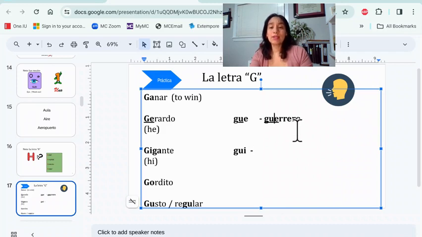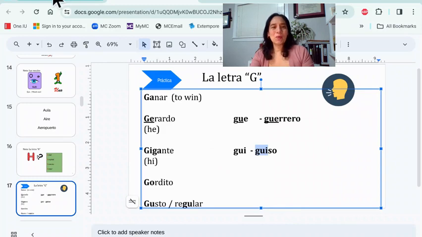So the U is silent. It's here just to help you to get the correct sound. Okay? And now for GUI, for example, it occurs to me the word guiso. Stew. Tengo hambre. I'm hungry now. Guiso. So again, la letra U is silent, but it's helping you to get the effect of the ga, gue, gui, go, gu sound.